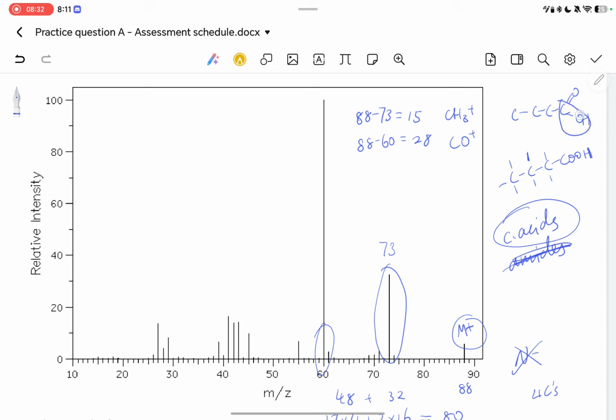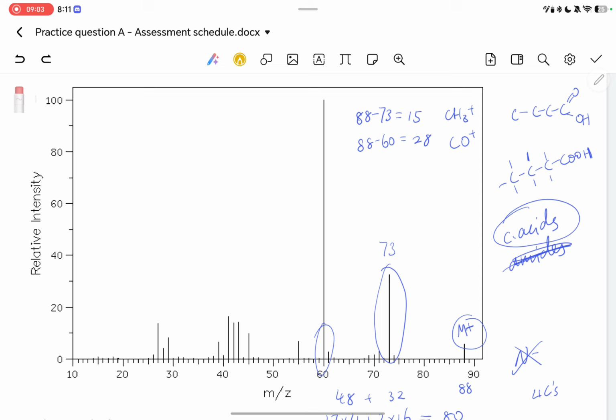When the H is lost, we're left with C, single bond, O plus. So that would be another ion that could be lost, and that indicates either alcohol or carboxylic acids. As a side note, if you see a mass of 18, that's H2O, and that's likely to indicate water loss, and so likely an alcohol.